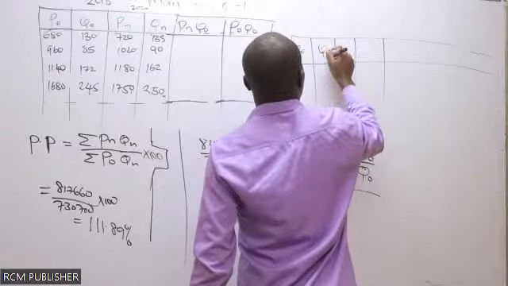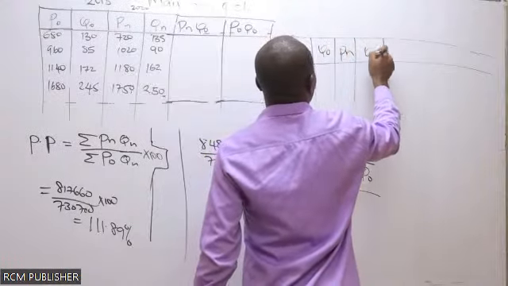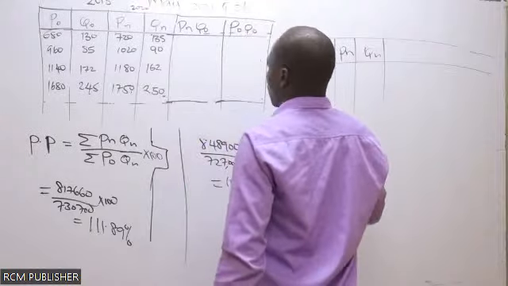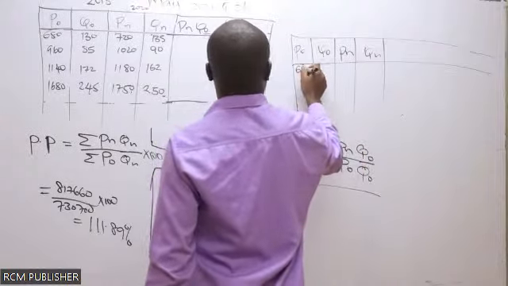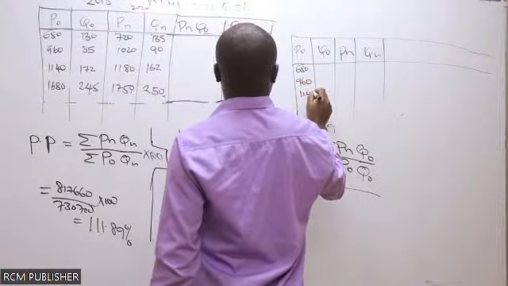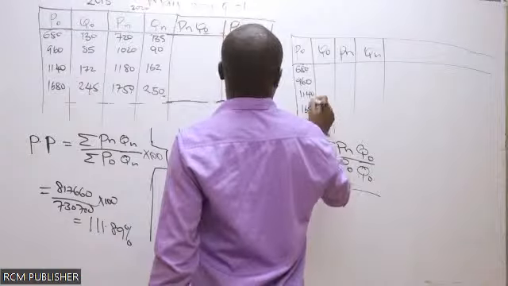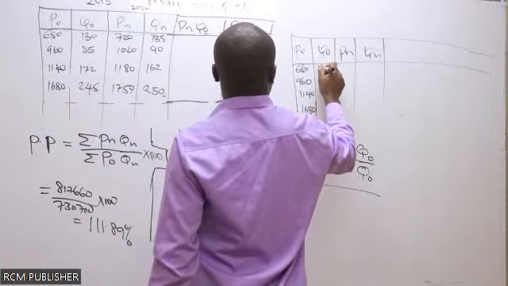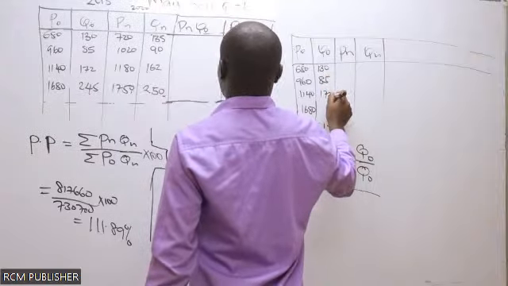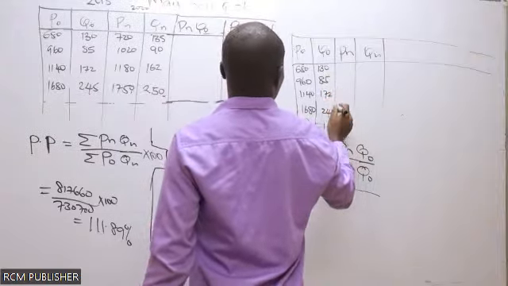PO, QO, PN, QN. Remember, our PO is 2018, so they are going to remain constant. That is 680, 960, 1140, 1580. QO: 130, 85, 172, 245.